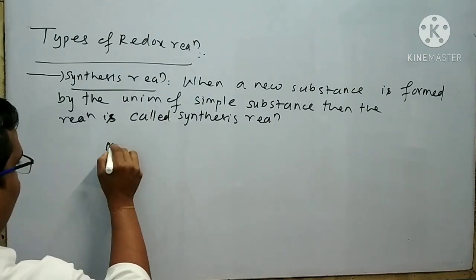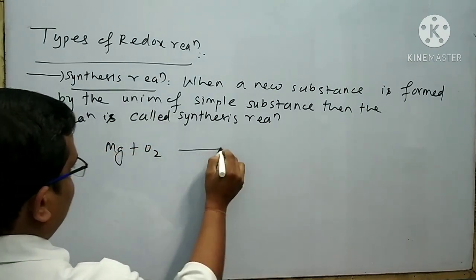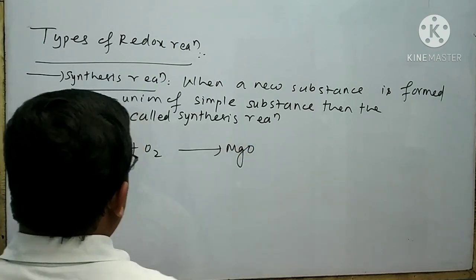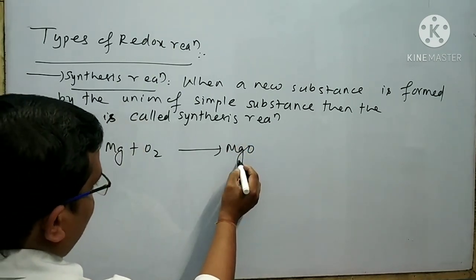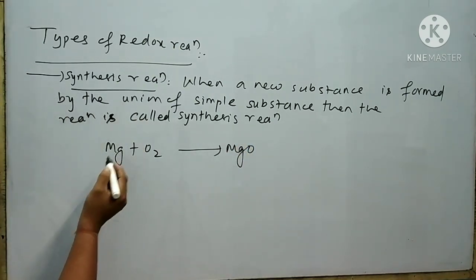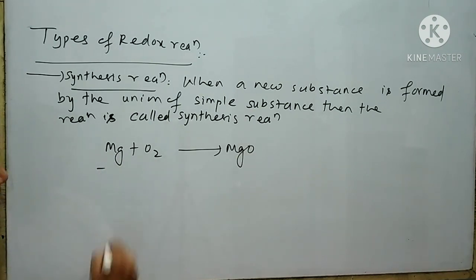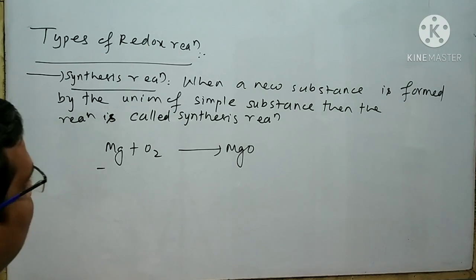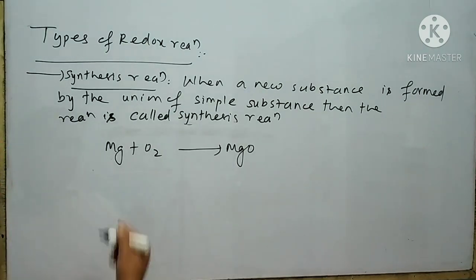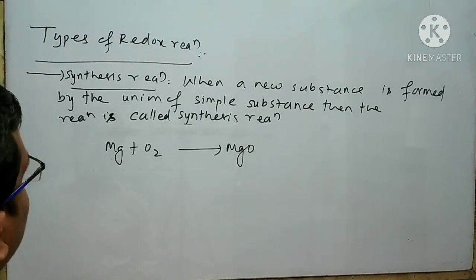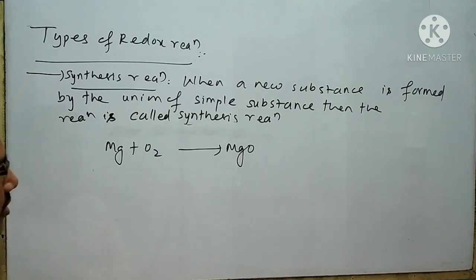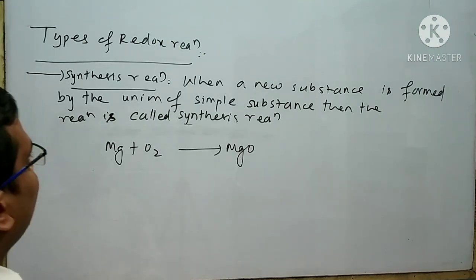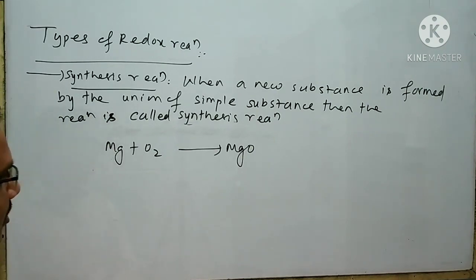Take an example, Mg plus O2 gives MgO. Here a new substance MgO is formed from the simple substances, that is Mg and oxygen. So this is an example of a synthesis reaction. It is also an example of a redox reaction. It is a redox reaction and it also belongs to synthesis reaction.